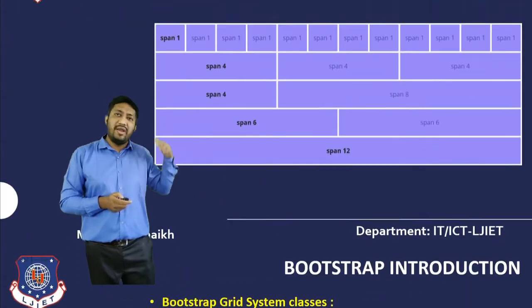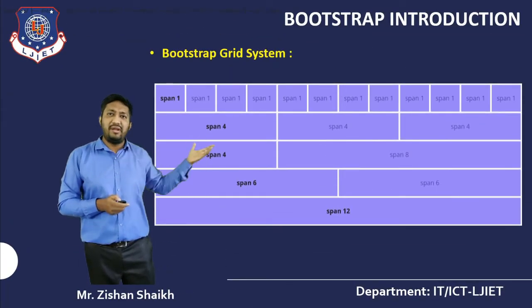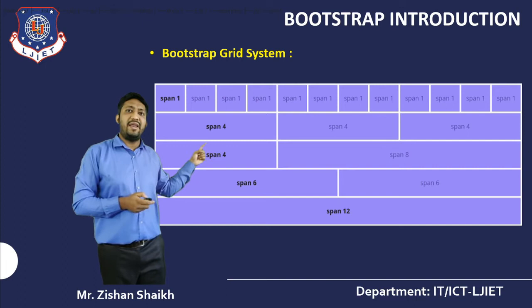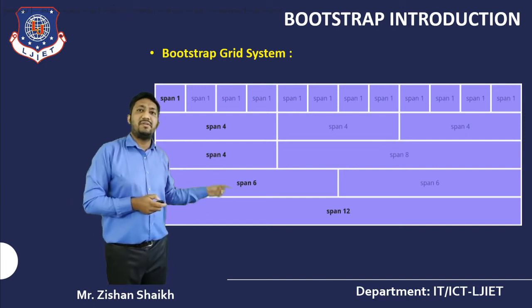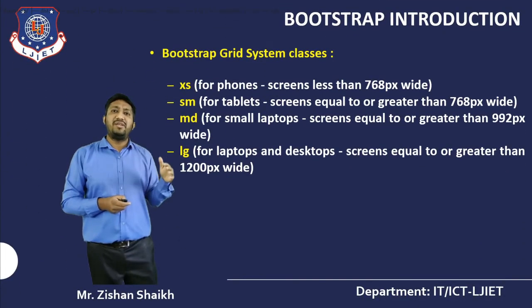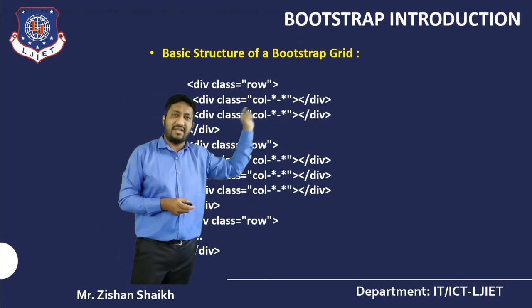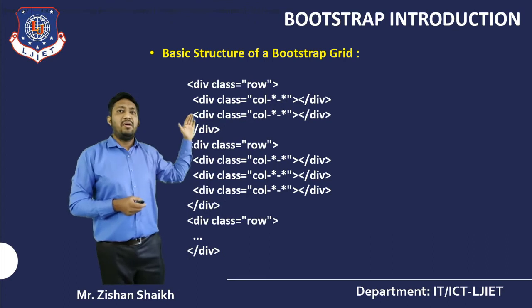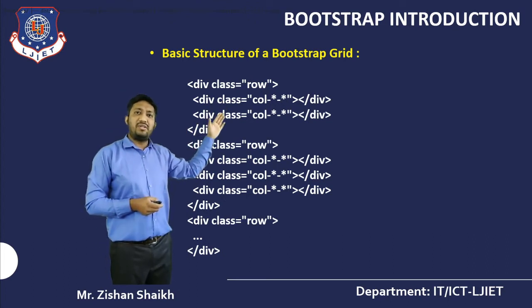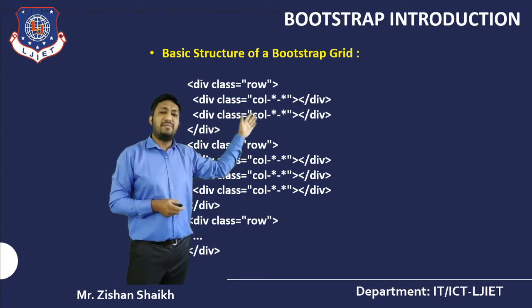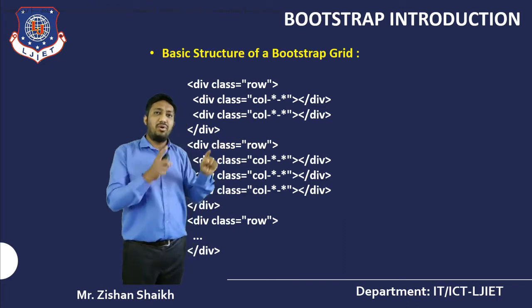But in how many columns do I want to create that? In medium, suppose I require 6 spans. So what is my syntax for that? div class col-md-6. So what happened here? In the first row, the first column will be medium size with 6 columns.